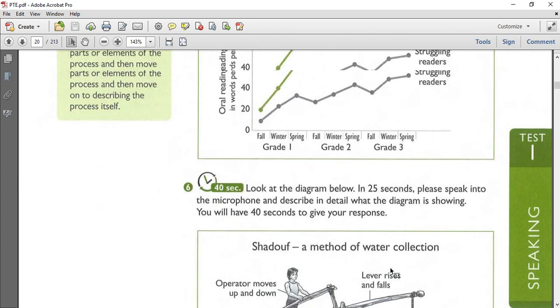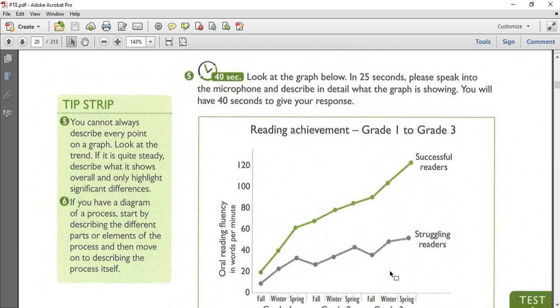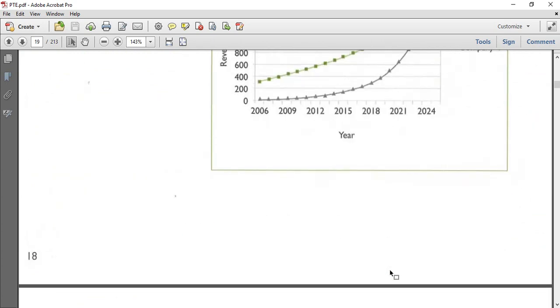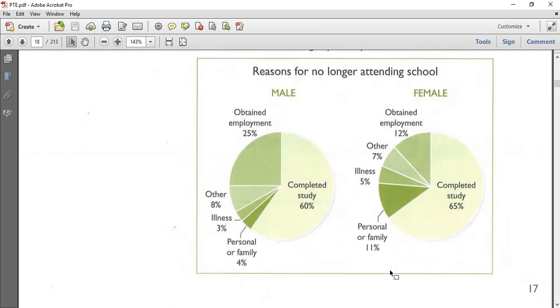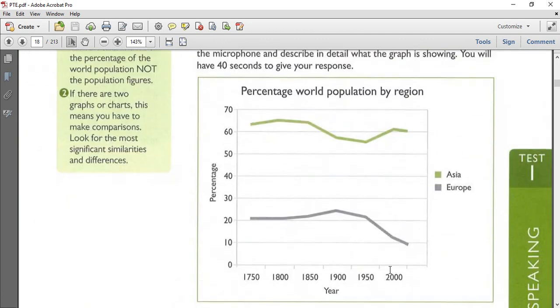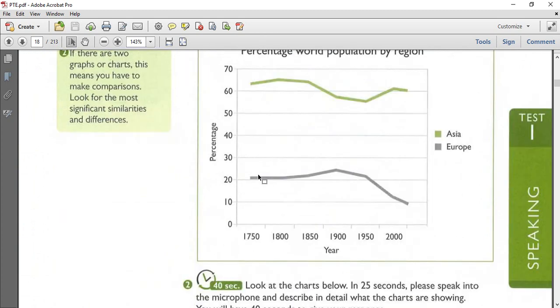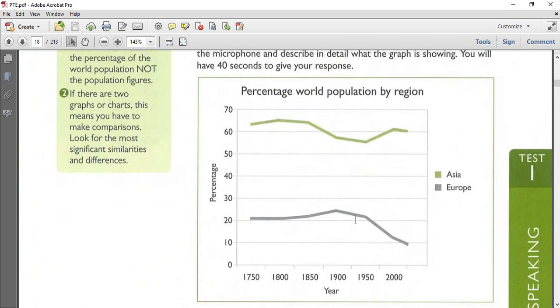This kind of graph will appear in the exam, so it is very important that you practice using this type of graph.